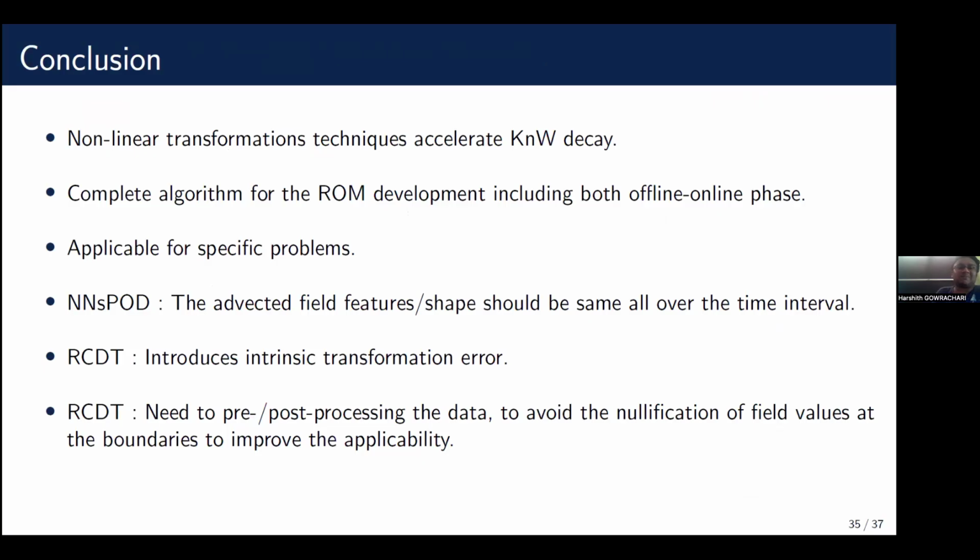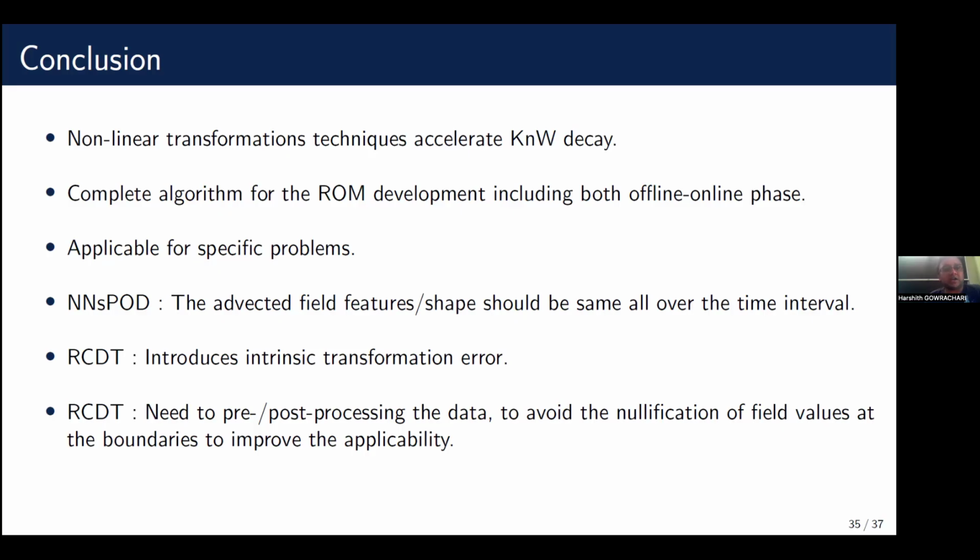It's applicable for specific problems; it cannot be a generalized approach. One limitation of nonlinear shifted POD is that the advection field shape should be constant over the whole time interval. If the feature or the shape modifies, I don't think it's the best approach.